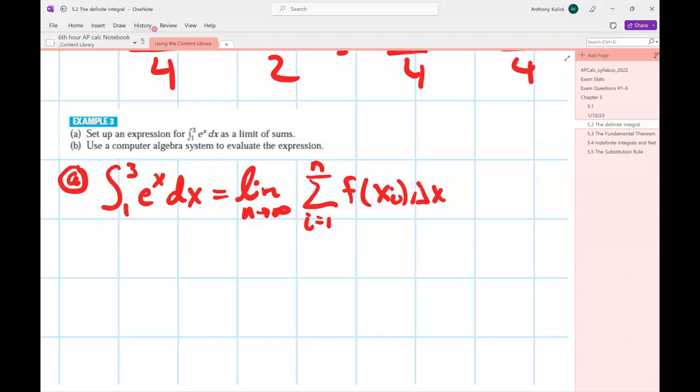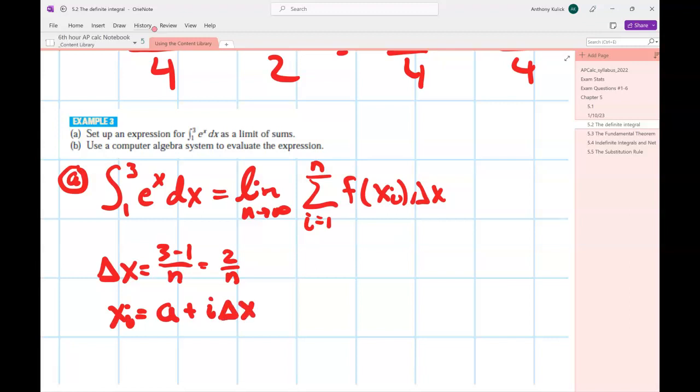So first things first, I need to come up with my value for delta x. Again, that's b minus a over n. And I need to come up with an expression for xi. In our definition for the definite integral, we just have this set using right endpoints. So if that's the case, this is going to be a plus i times delta x, which just turns into 1 plus 2i over n.